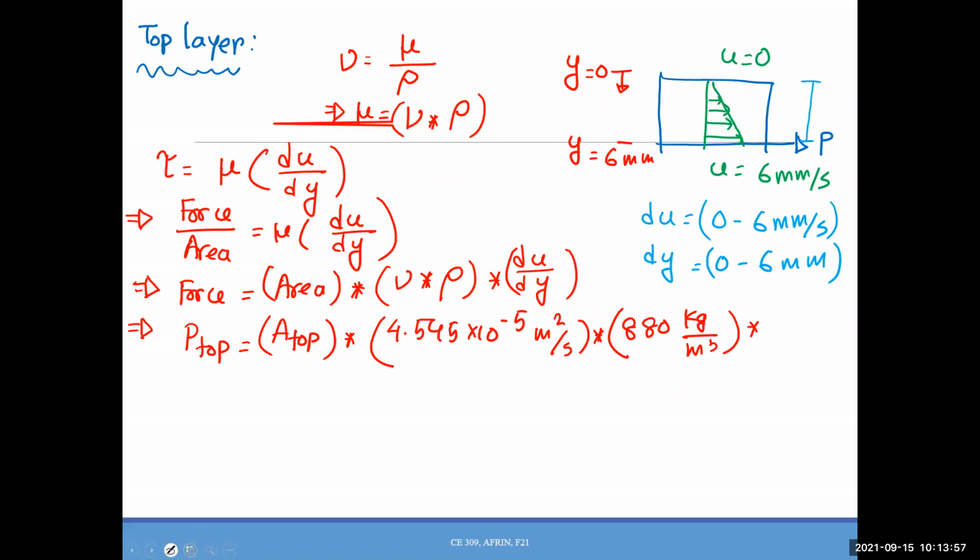I will write down that 0 to 6 millimeter per second. And here 0 to 6 millimeter. Okay, now we know millimeter is not the standard unit of length, right?